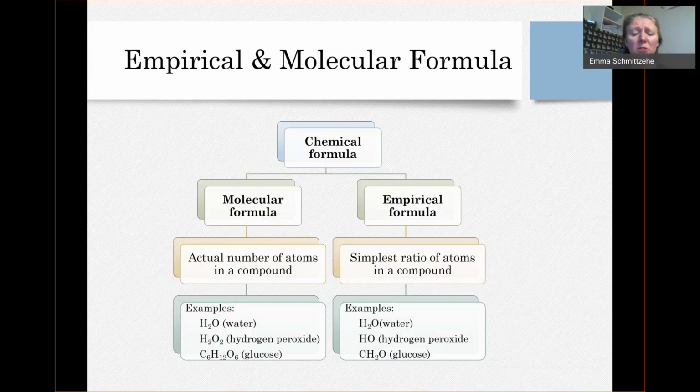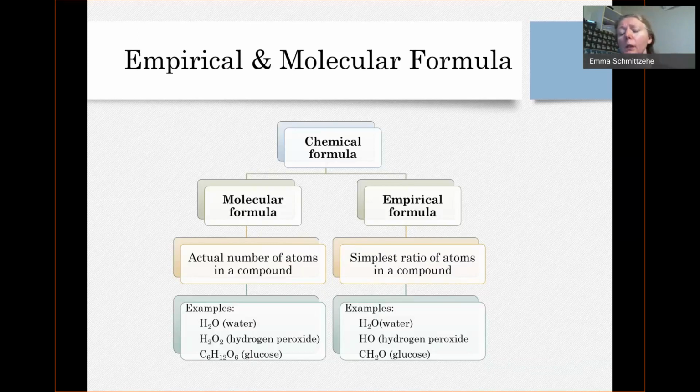But as I said, most of the time we want to know the molecular formula. But the empirical formula at least gives us some information. It does tell us the ratio of elements, so the proportions of those elements that need to be present. If you calculated, say, the mass percents or the percent composition from the molecular formula and from the empirical formula, you would get the same percent composition.